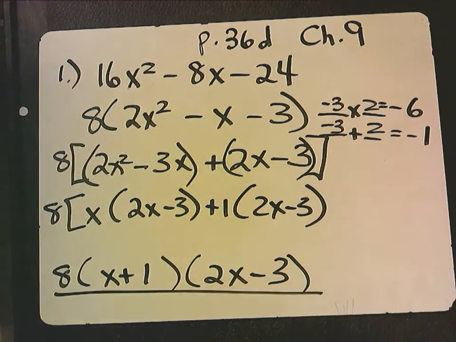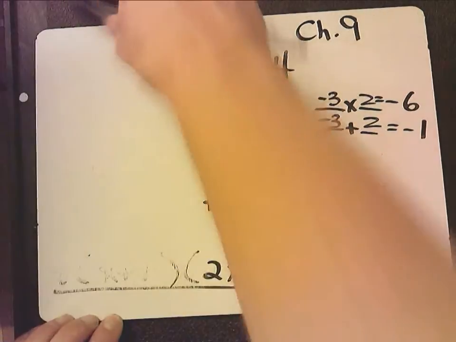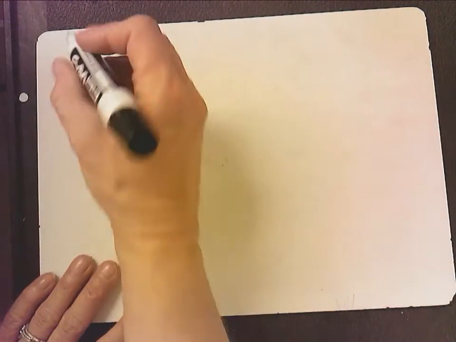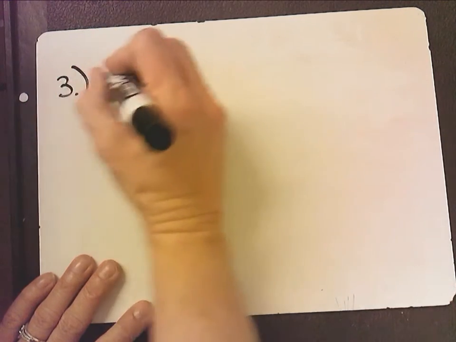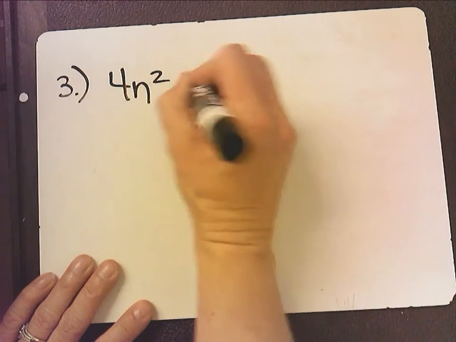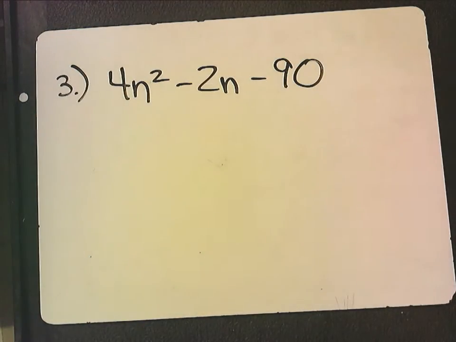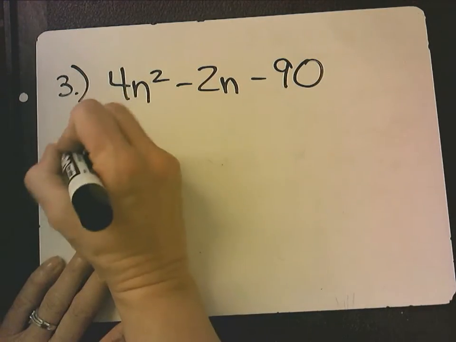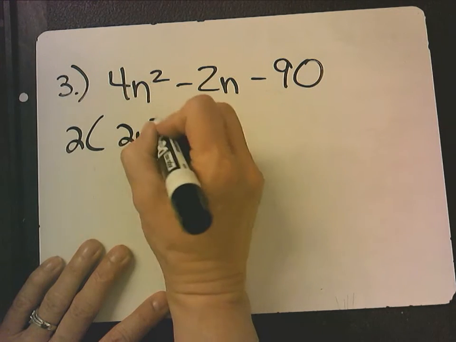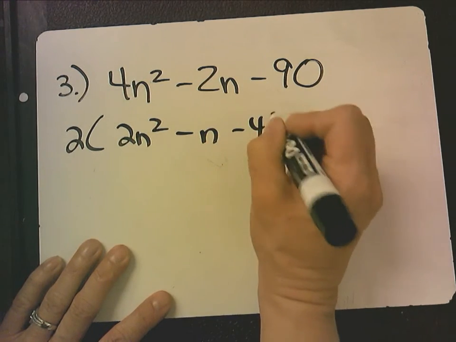Okay, so now let's look at number 3, and we're going to first look and see if there's anything we can factor out. So here, I notice I can factor out a 2. So before I do anything else, I factor out a 2.